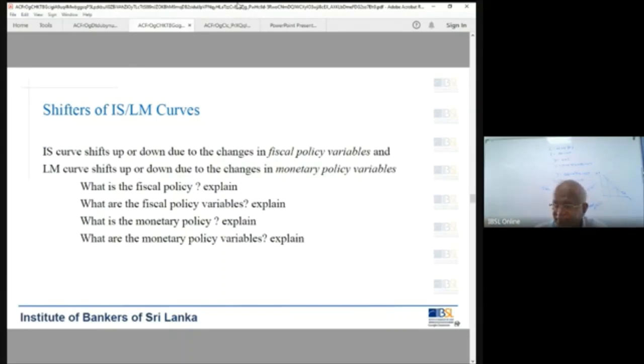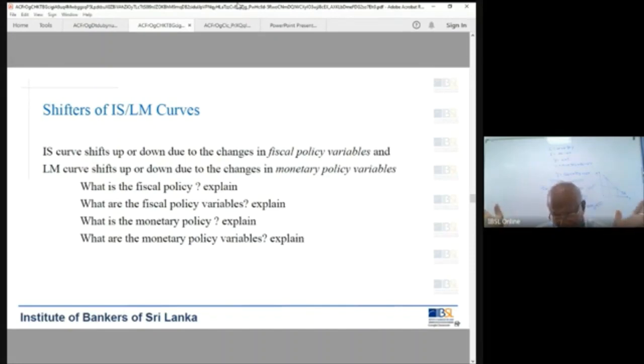Monetary policy variables. The central bank takes policy decisions about the interest rate, the standing deposit rate, standing lending rate, the repo rate, reverse repo rate, bank rate, then the reserve ratio. So the policies relating to interest rates and the monetary sector of the economy are called monetary policy.